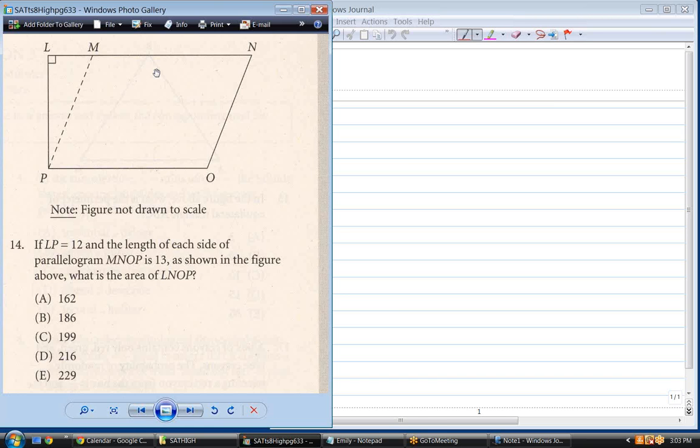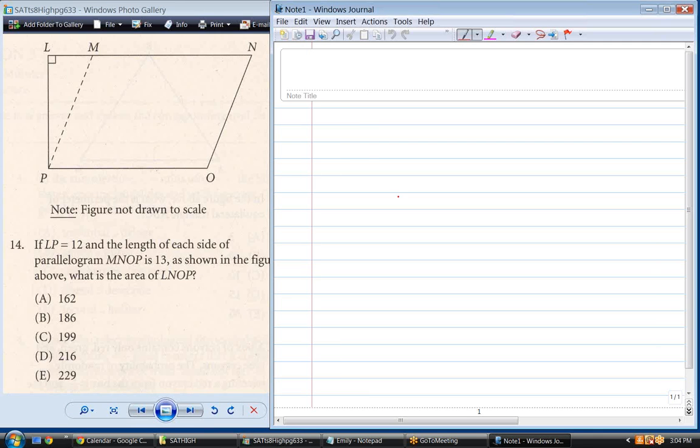It's the formula for the area of a parallelogram. Isn't it the height times the length? But is it the vertical height or is it the slant height? It's the vertical. Okay, that makes this problem easier.